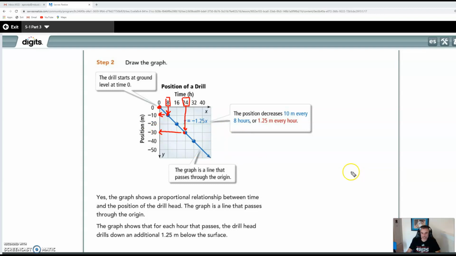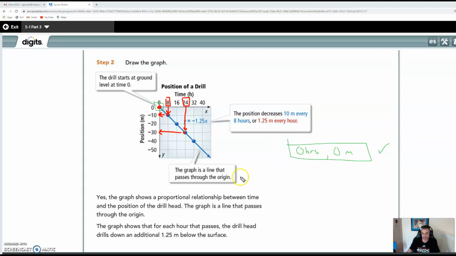So the question is, does the graph show a proportional relationship? Well, remember what I told you previously. You only need two things to know if it's proportional. Does it pass through the origin? Yes, it does. There's the point 0, 0. If I drill for 0 hours, I'm going to be 0 meters underground. So that's the first requirement, and I'm going to put a little check mark next to that.